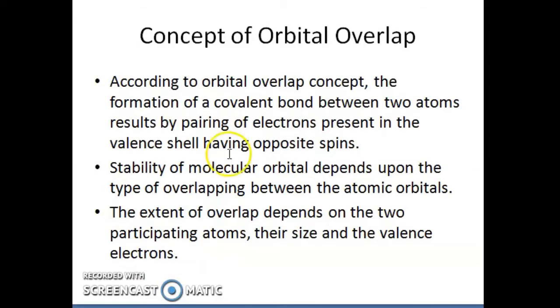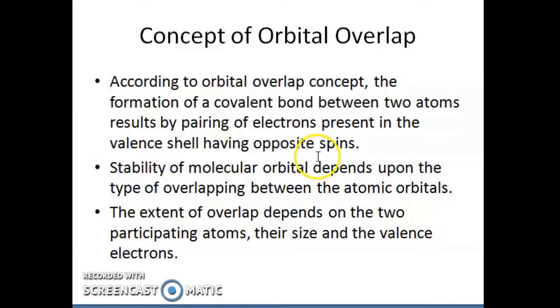Orbital overlap concept. The concept of orbital overlap tells about the formation of a covalent bond between two atoms, which results from the pairing of electrons present in the valence shell, having opposite spins.